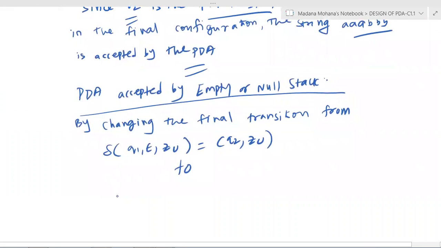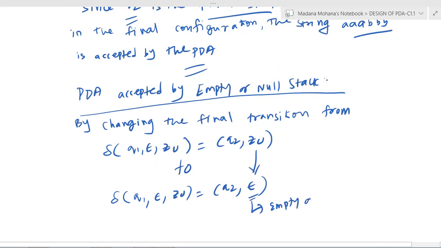A PDA that is accepted by empty stack or null stack means the stack should be null. Now Q1 epsilon Z0 equal to Q2, null. This is the only change. So now this denotes empty stack or null stack.